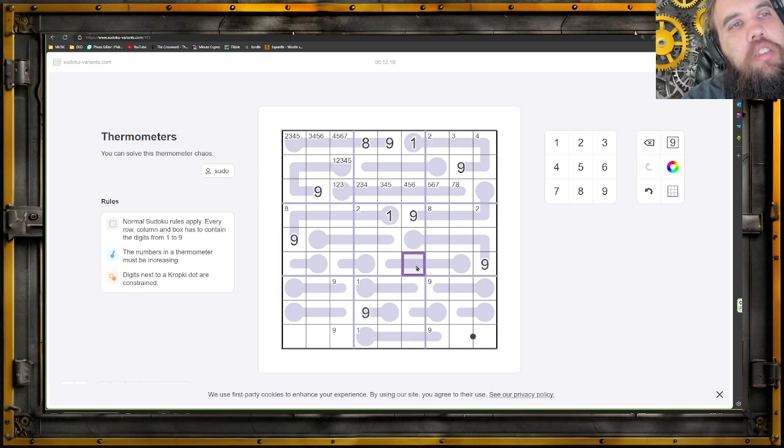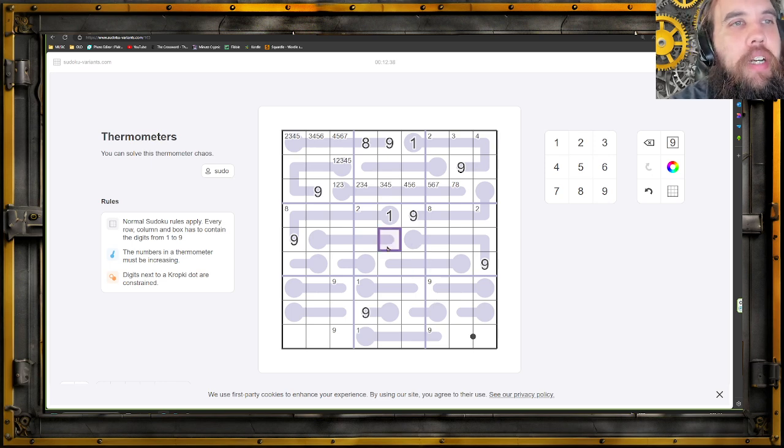Something like that. Something about having them all see each other. And you can use box mechanics in order to figure that out as opposed to just row and column. I have a hard time seeing those, so it is one of my weak spots on this.